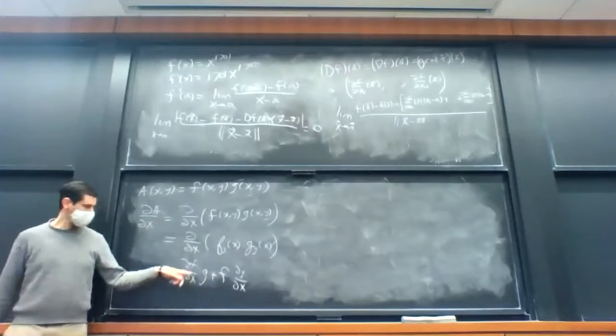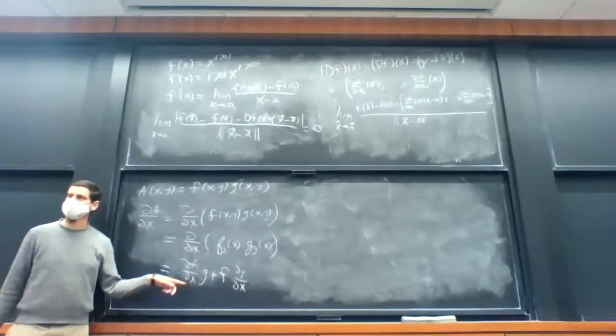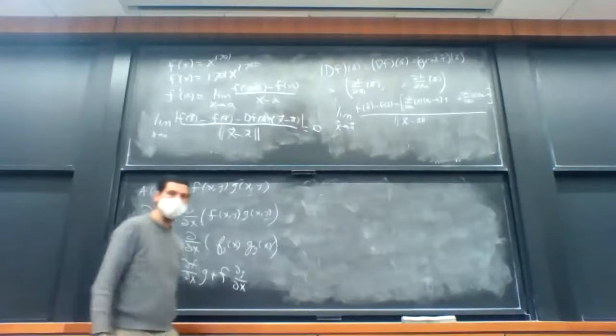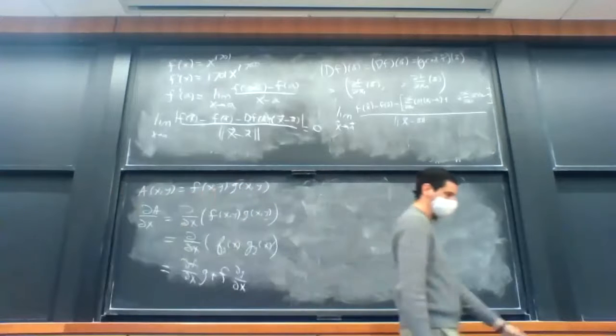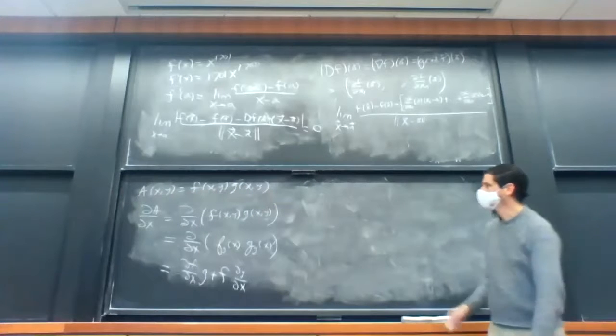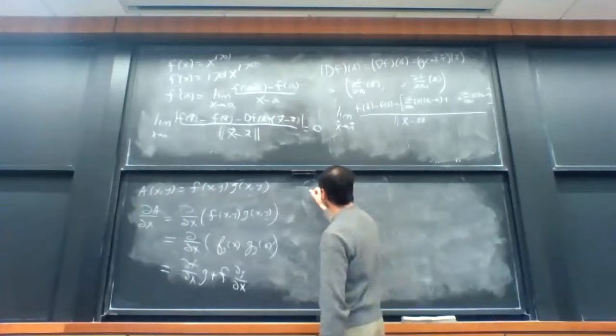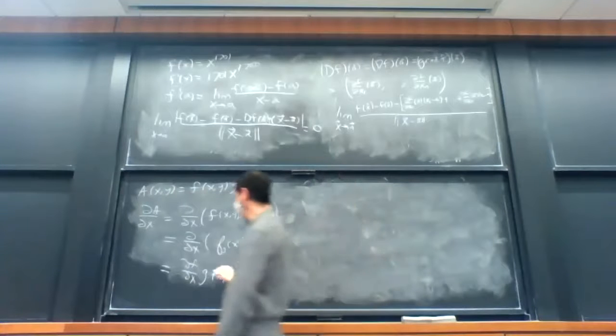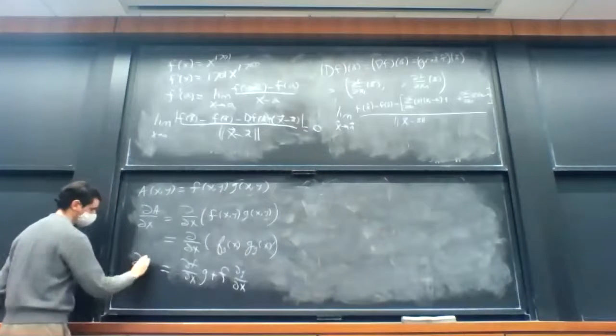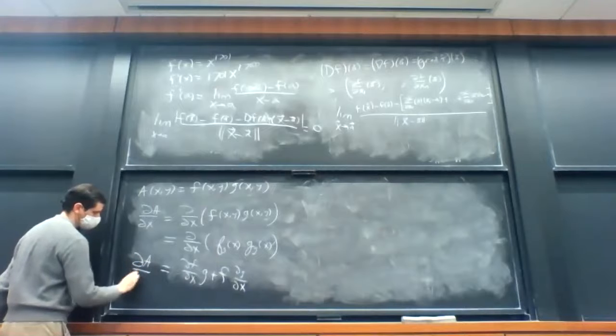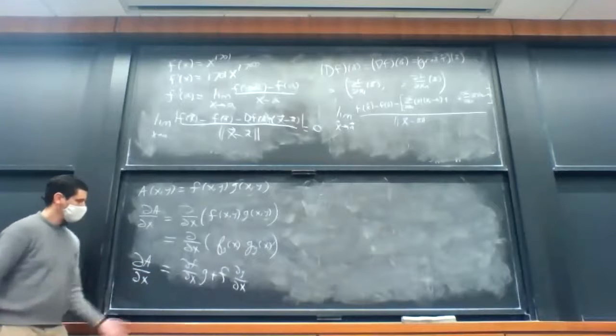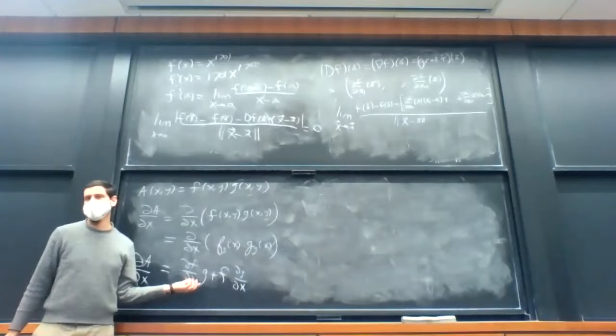Is everybody comfortable with how we get this? So this is going to be the first component of our derivative. This is going to be dA dx. If instead of having the partial with respect to x, I had the partial with respect to y, is it going to be a hard calculation?